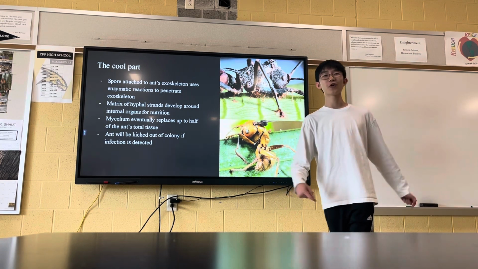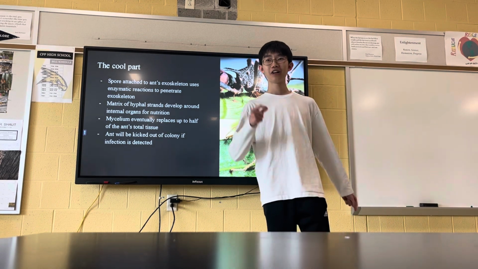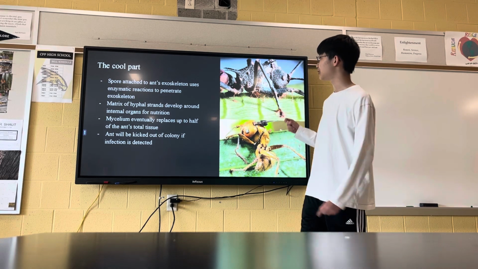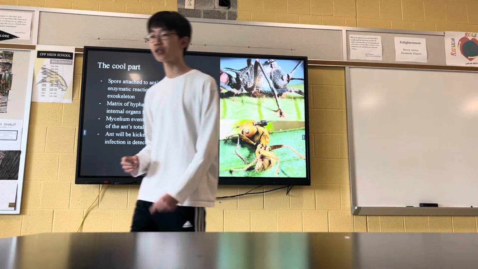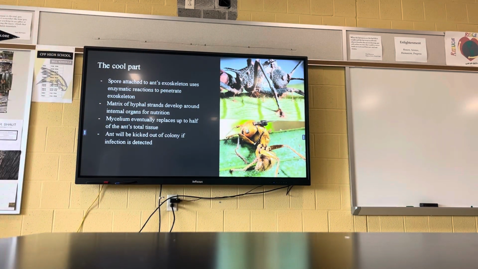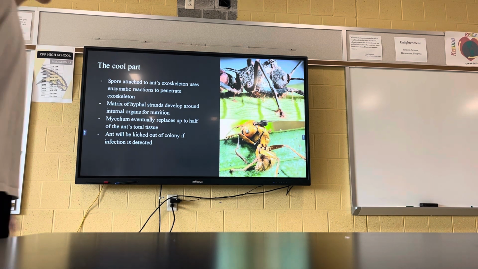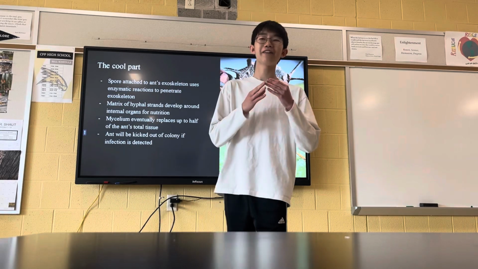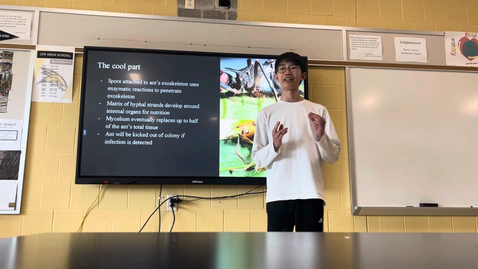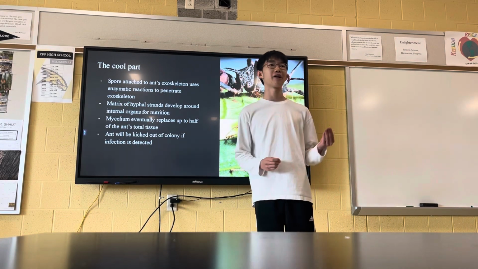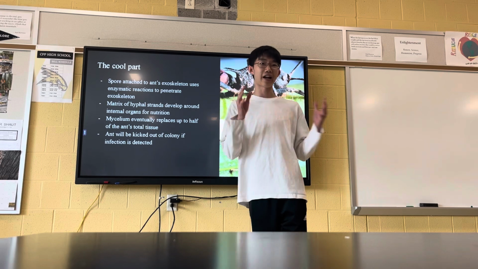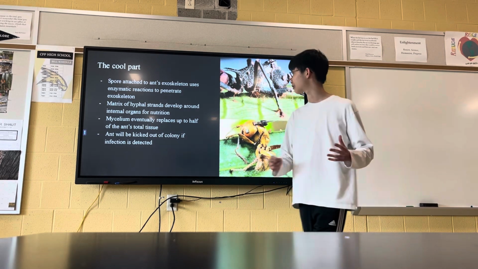All right, we got the cool part. So let's say you're an ant and you've got a spore on you. That spore is using enzymatic reactions to penetrate your exoskeleton. Basically, it's got a hypha, and a hypha is just a filament of mycelium. Fungi are primarily made of mycelium, the little strands between its structure.